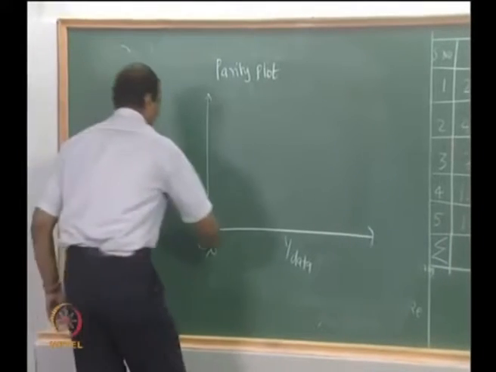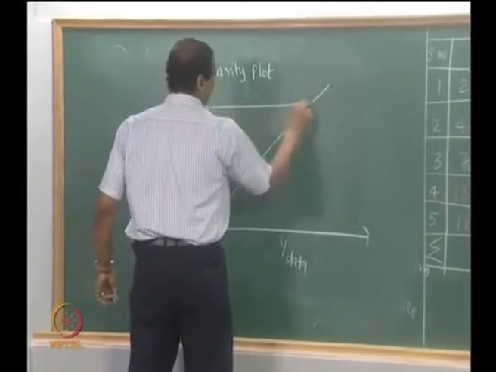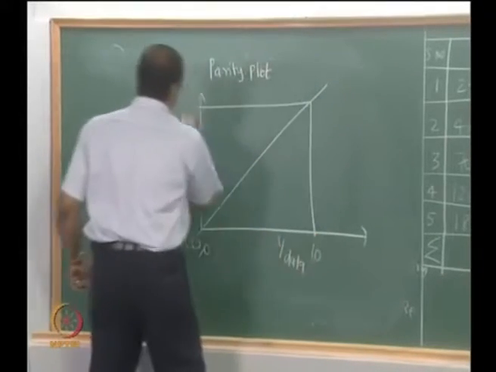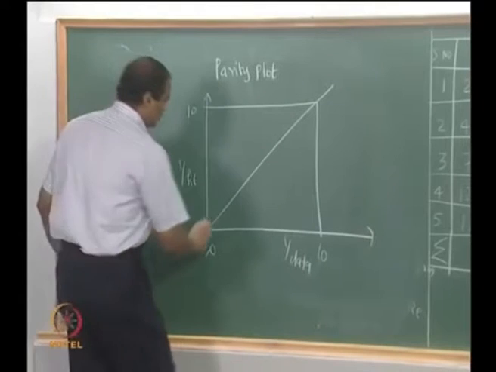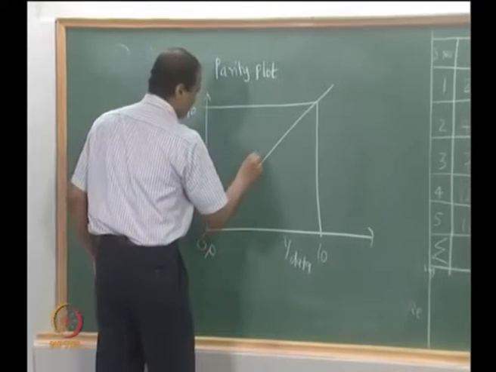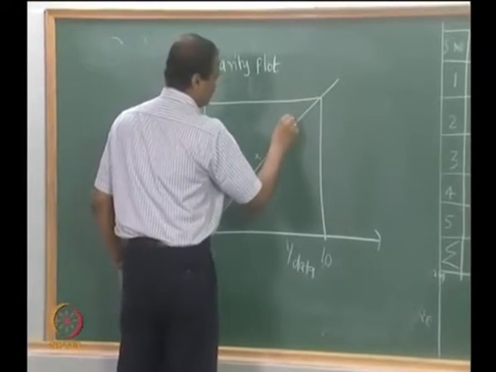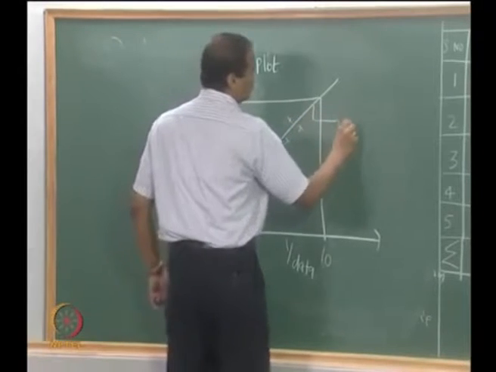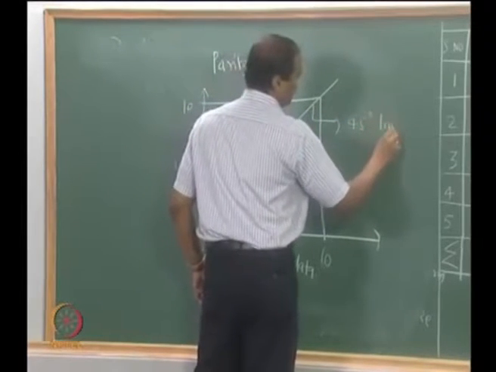So if you have something like this, let us say this is 10 and 10 or something, you should have points like this. This is called the 45-degree line.